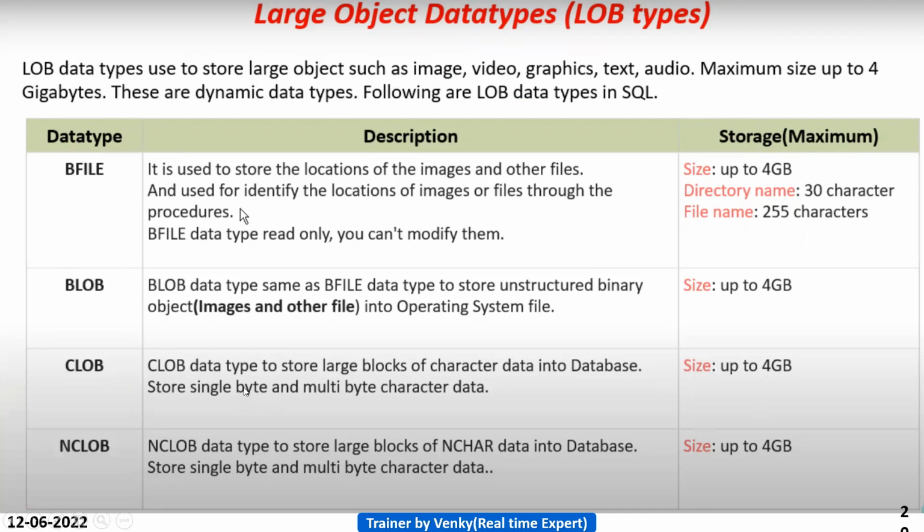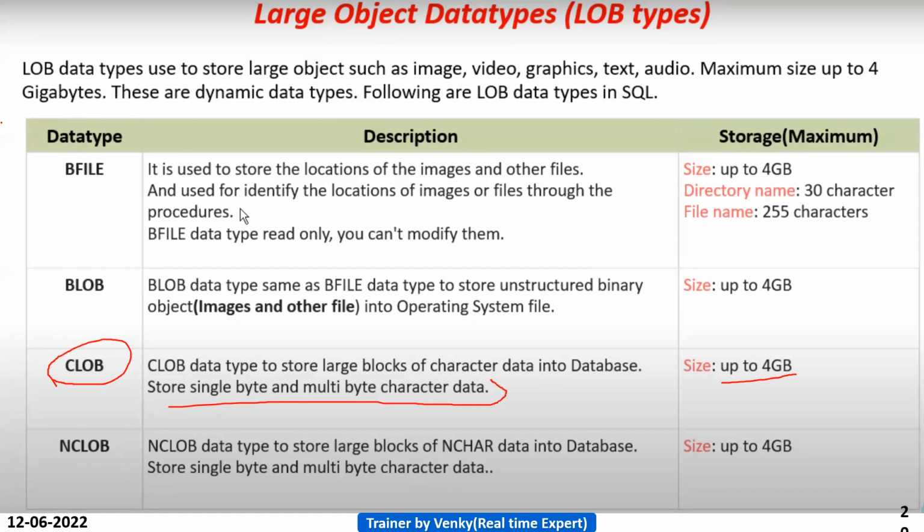Okay. So if you want to store character large objects, we have these. CLOB is a character large object which is used to store large blocks of data. It will store maximum up to 4 GB. It can store single byte and multiple bytes character data.